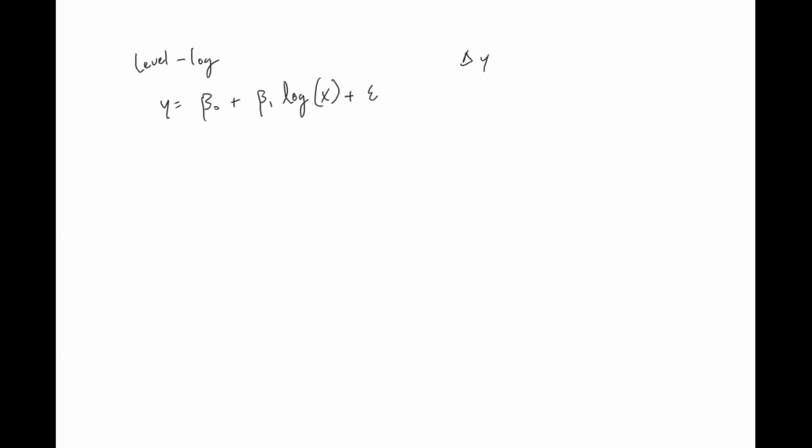Delta y is equal to beta 1 over 100% delta x. So the interpretation is as x increases by 1%, y increases by beta 1 over 100.